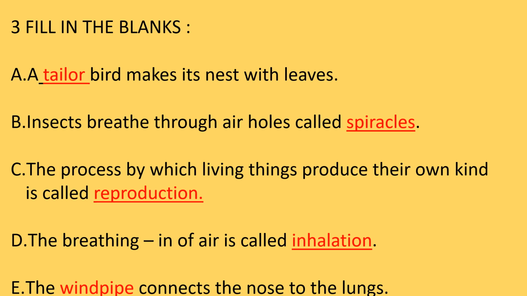We take in air through our nose and from the nose air goes to the windpipe and from the windpipe air goes to the lungs. Therefore, we can see that the windpipe connects the nose to the lungs.